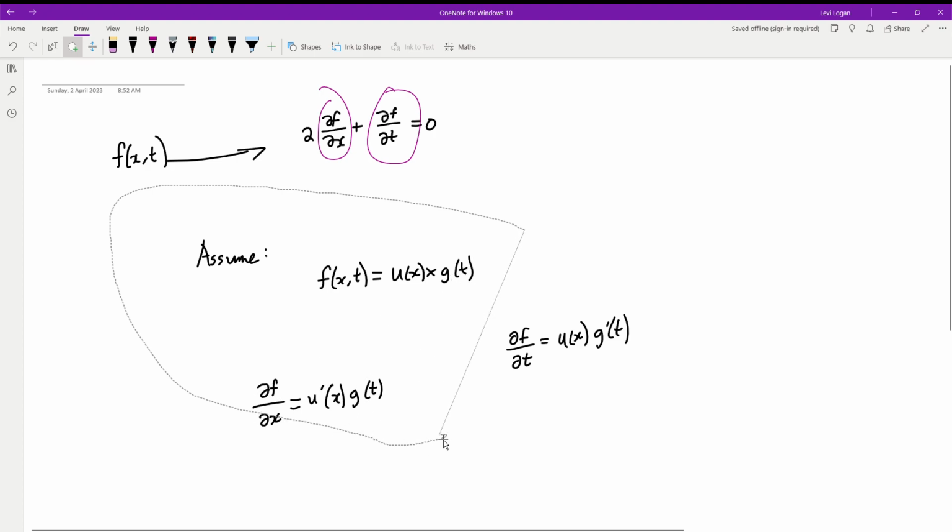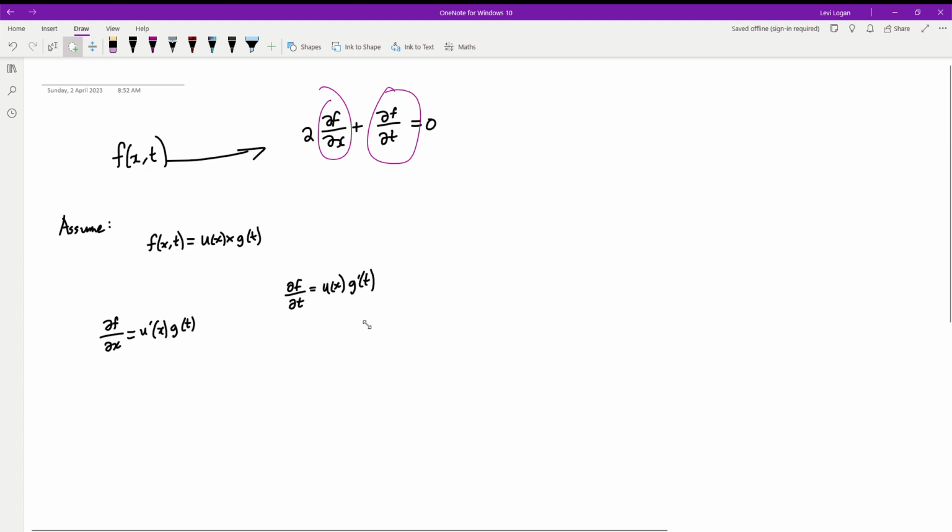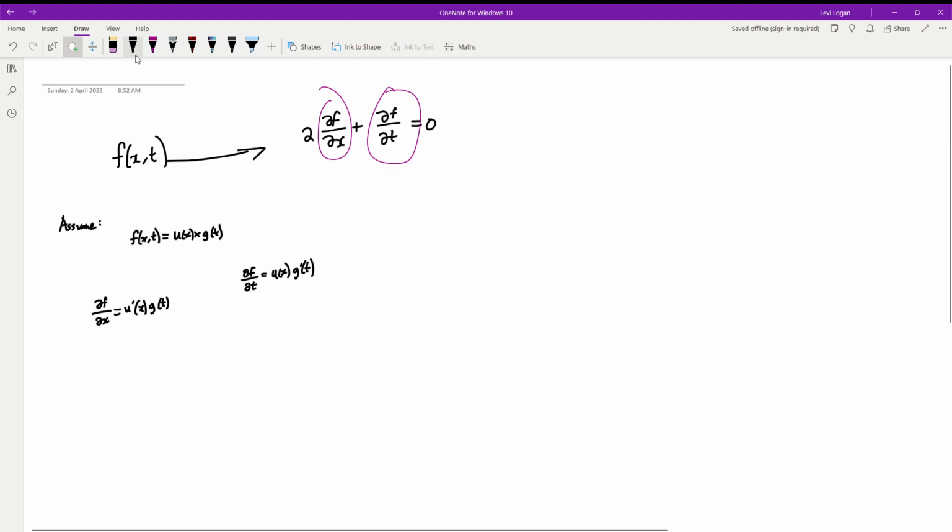Let's move all of this to the side and make that a bit smaller. Let's rewrite our PDE: 2 times the partial derivative of f with respect to x plus the partial derivative of f with respect to t is equal to 0.